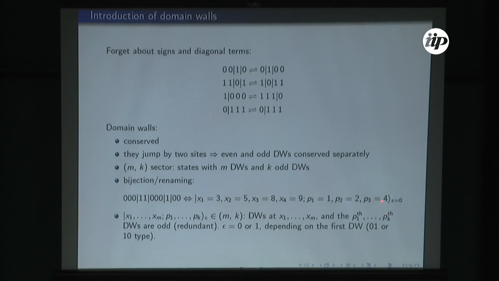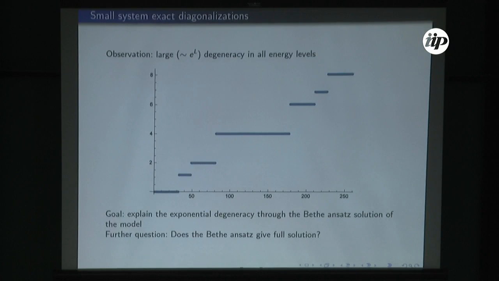I just put here that the first state is occupied by a 0, so that's why I put epsilon equals 0. It's a bit technical, but I hope it's more or less followable. It's just necessary to do this in order to do the Bethe ansatz.